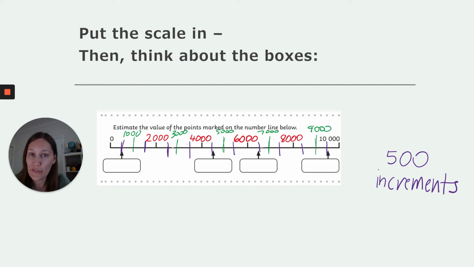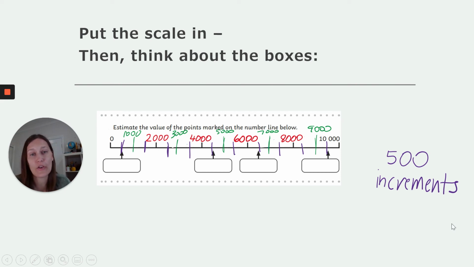Not 500 of them, but each increment representing 500. Okay, so we can go 0, 500, 1,000, 1,500, 2,000, 2,500, 3,000, 3,500, 4,000, 4,500, 5,000, 5,500, 6,000, and so on, okay? And the increments are going up in 500s.